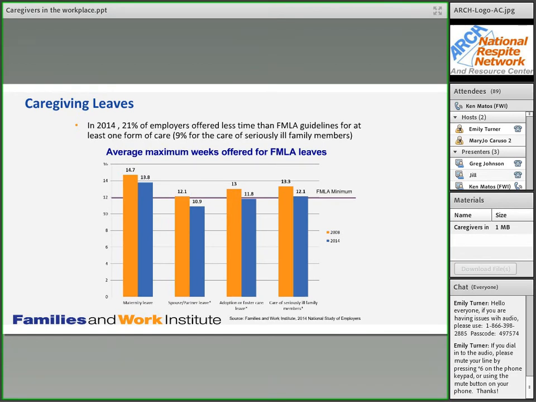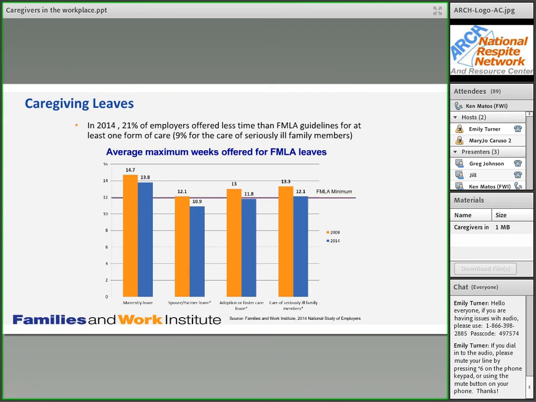However, we saw in our most recent study that 21% of employers with 50 or more employees who said they were supposed to follow FMLA guidelines indicated that they didn't for at least one form of family support covered by FMLA.